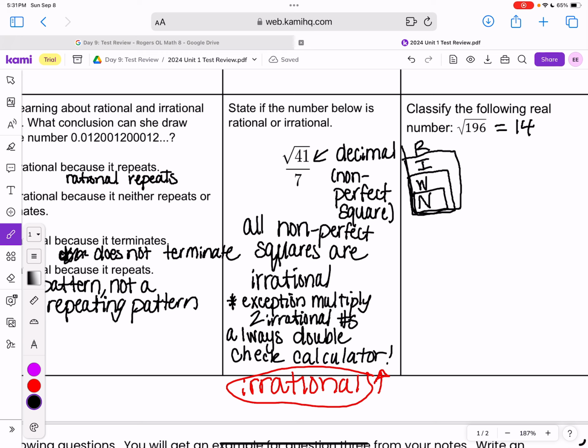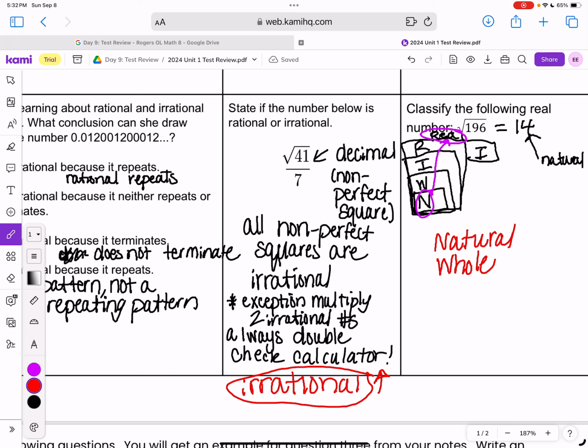And there's also over here, irrational. Whether it's irrational or rational, they're all real. This right here is a natural number. I could count to it like a child. So it's going to have natural and all of the subsets below up to real. So the answer is natural, whole, integer, rational, and real.